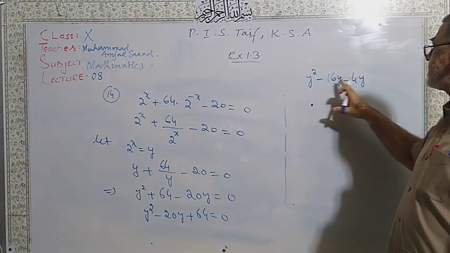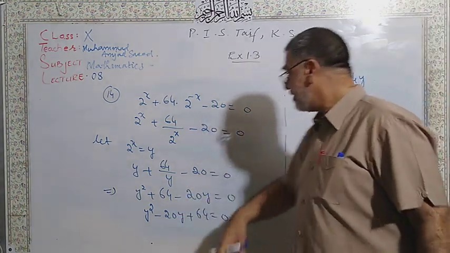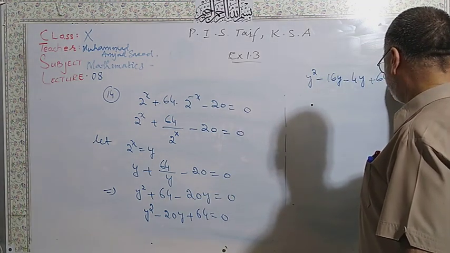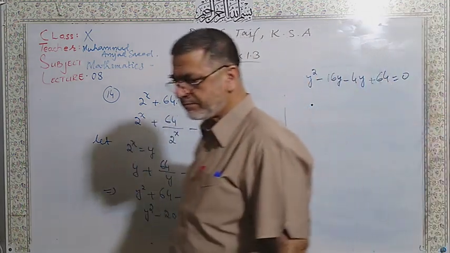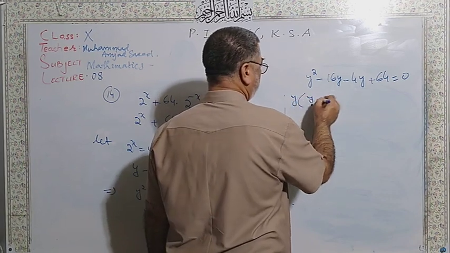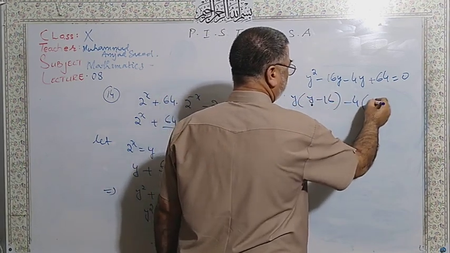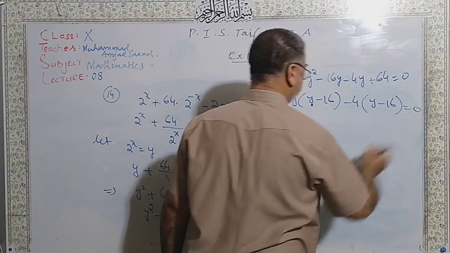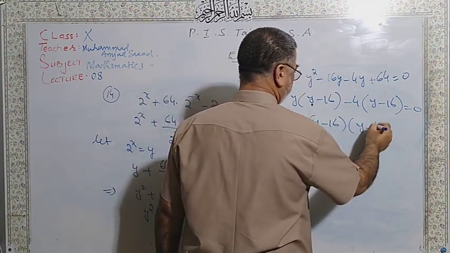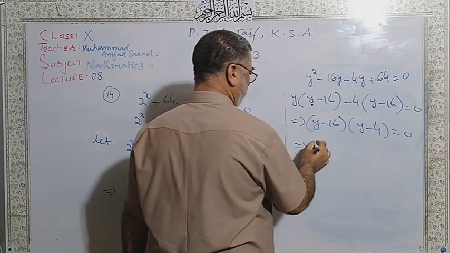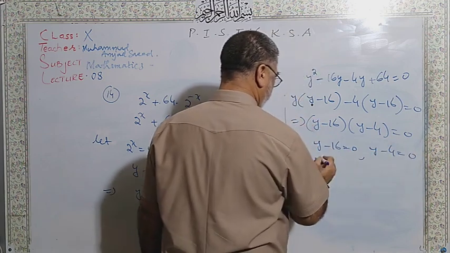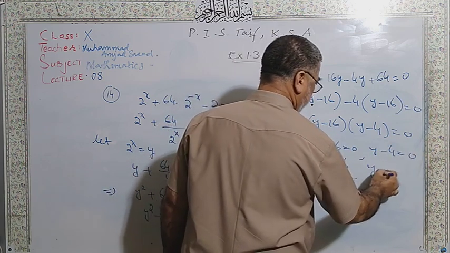Remember that minus 16 minus 4 is minus 20, and after multiplying you will get plus 64. That is equal to 0. After that you will take y common, y minus 16, minus 4 common, y minus 16 is equal to 0. Implies that y minus 16 into y minus 4 is equal to 0, so y minus 16 is equal to 0, y minus 4 is equal to 0, y is equal to 16 and y is equal to 4.